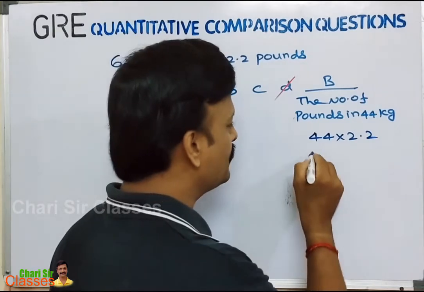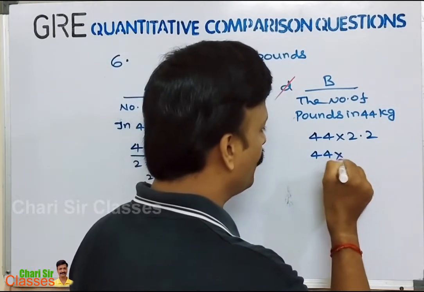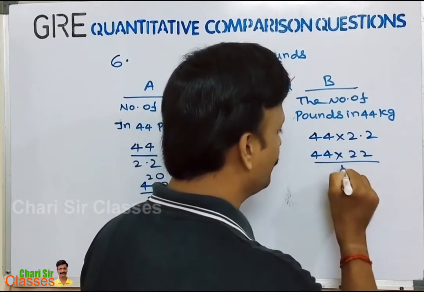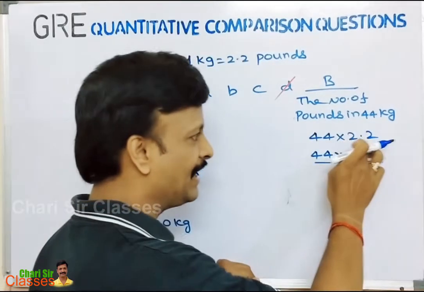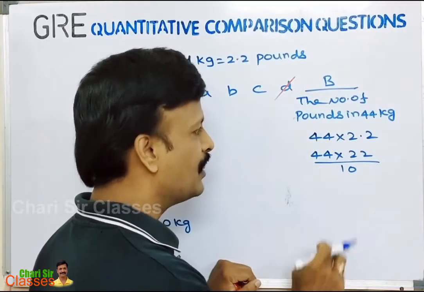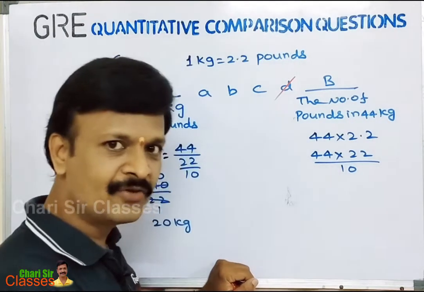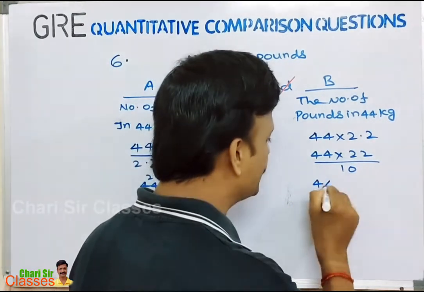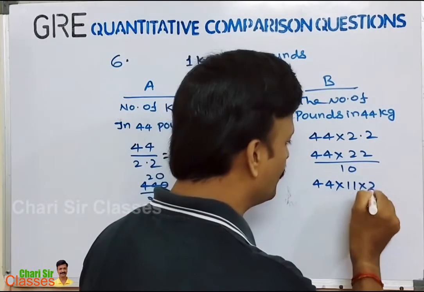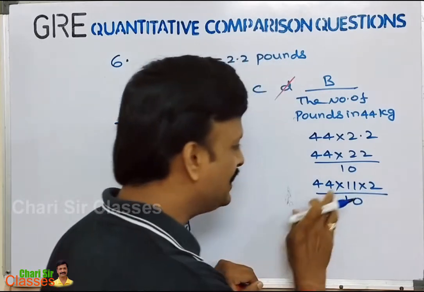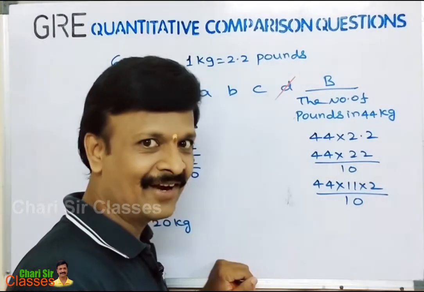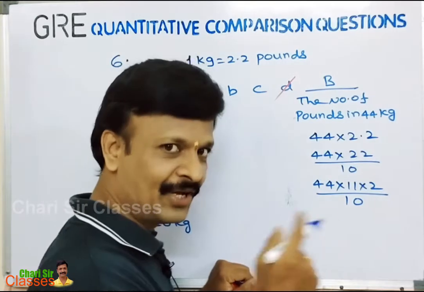44 into 2.2 can be done as 44 into 22 by 10, because I removed the decimal point, so by 10. Or else you can also do it like this: 44 into 11 into 2 by 10, which is very easy. The 11 multiplication technique I have already given.